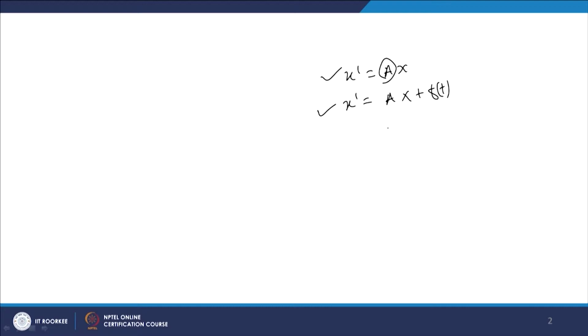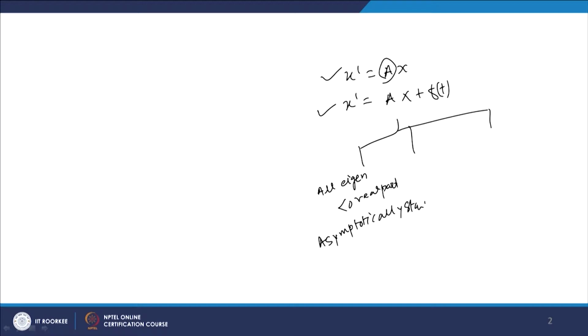So, I can write it in 3 parts. If all eigenvalues have negative real part, then it is asymptotically stable. If at least one has positive real part, then it is unstable.